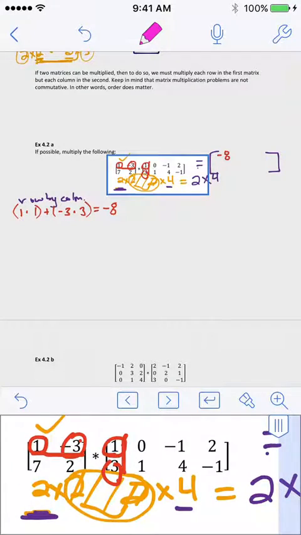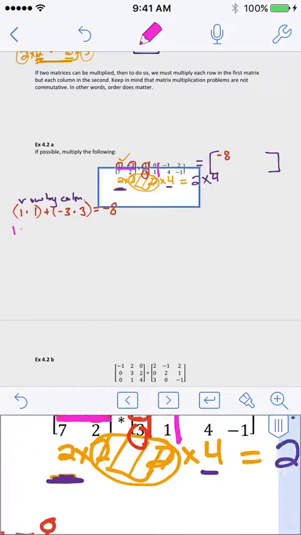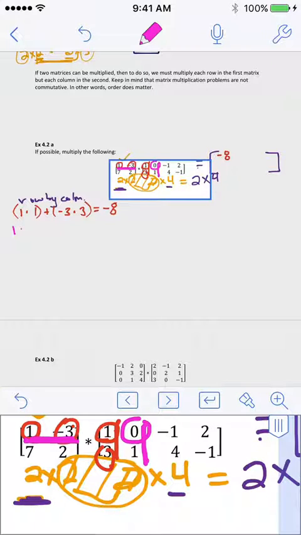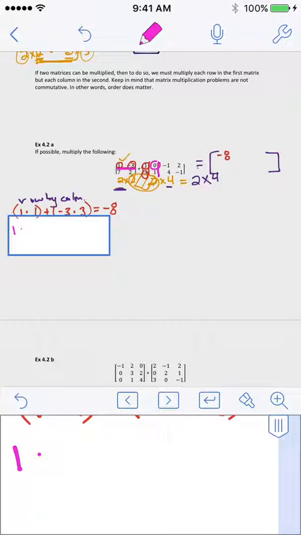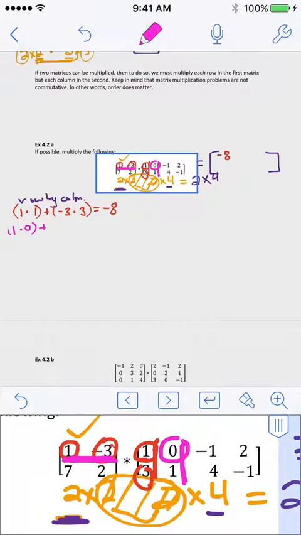Actually, let's do the rest of the columns. Now we're going to multiply that same row, but by this column this time. So 1 times, let's see, what was the first entry of the second column? 0. 1 times 0. Plus, now I'll do the second entries, negative 3 and 1.